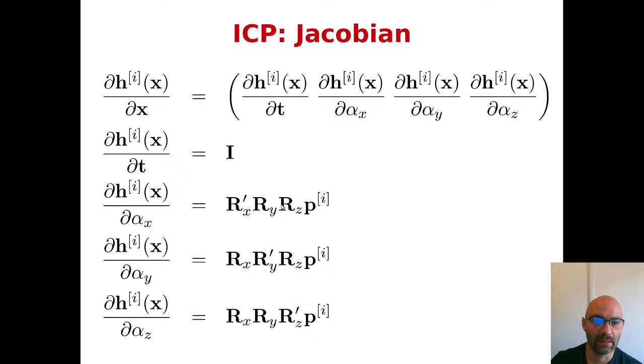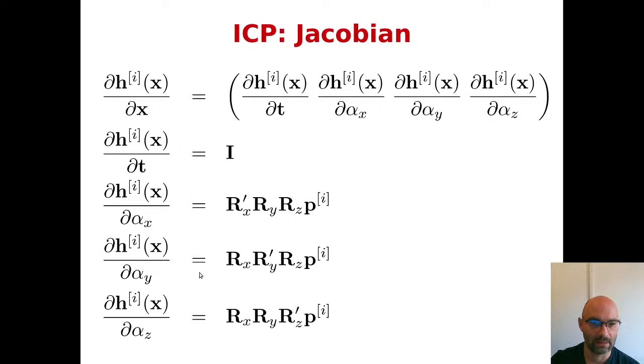And if I restrict myself to the rotation, I will have Rx, Ry, Rz times p. Given that I'm deriving, in this case, for this column, only with respect to alpha x, and these two elements are constant, I could just substitute in this component the derivative of Rx with respect to alpha x. And then I will put here R prime of x. Then I have Ry, Rz, and p.